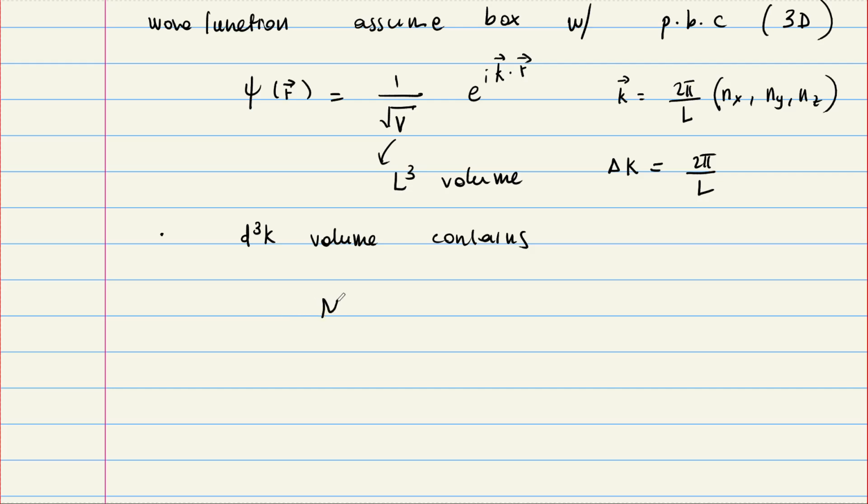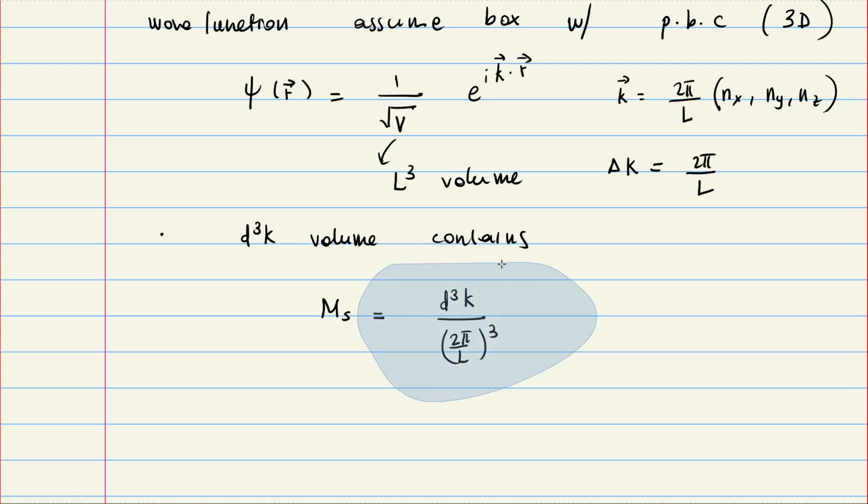The book is using ms, so let me also use it for states. The number of states in a given d cubed k volume is d cubed k, the total volume, divided by the spacing volume.